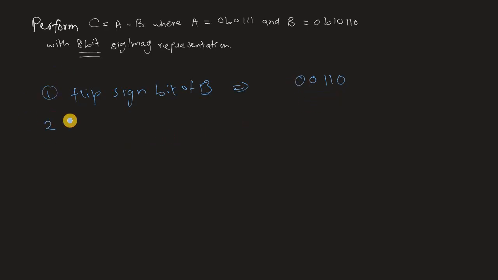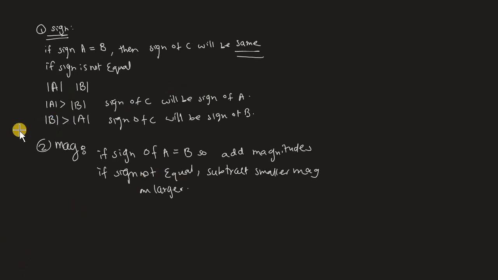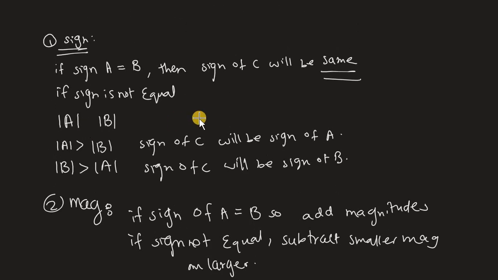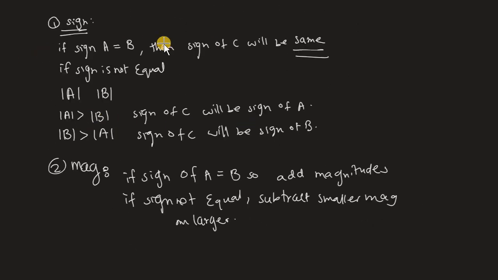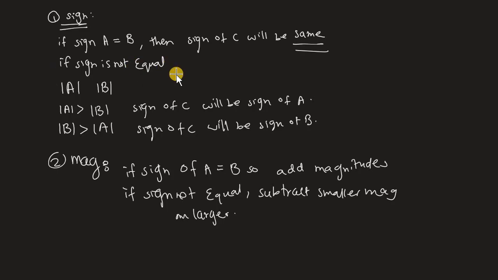Now the second thing that you have to do is again going back to the rules of the addition. So the rules of addition, let me recall. So okay, you guys remember, these are the rules that I wrote in the addition video. So if the signs are equal, here you have, if sign of a is equal to sign of b, then sign of c will be the same.